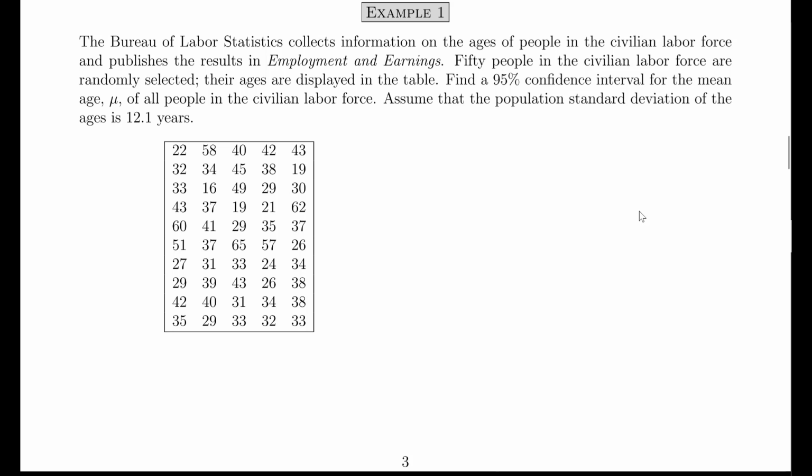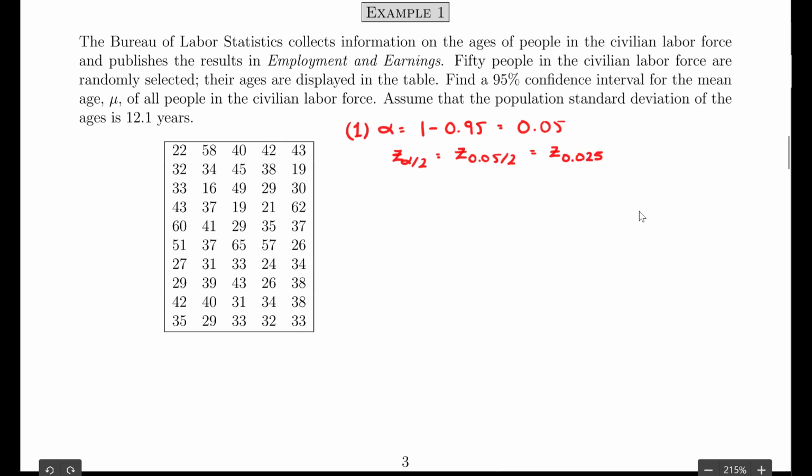So the first thing we want to do is find our alpha. This is step 1 from the procedure. Alpha is equal to 1 minus our confidence level, which is 0.95. So alpha is 0.05. And then we will find z sub alpha over 2. So it's going to be z sub 0.05 divided by 2, which is z sub 0.025.